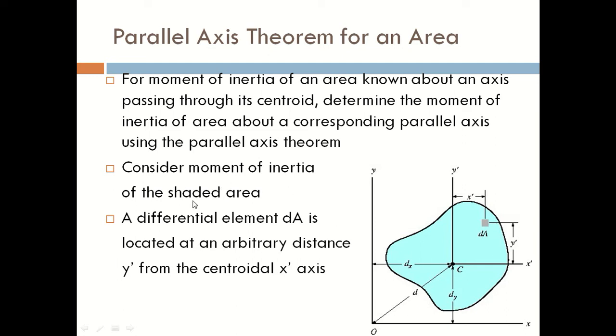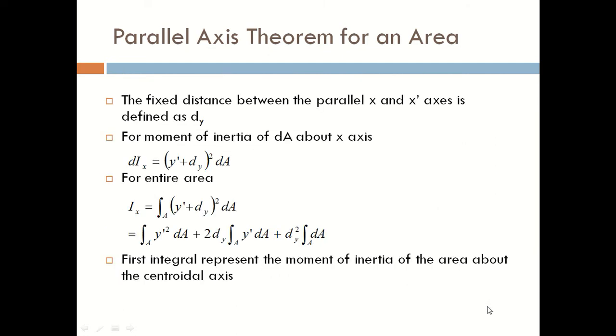Okay. So consider the moment of inertia of the shaded area. A differential element dA is located at an arbitrary distance y dash from the centroidal x dash axis. So x dash and y dash, here we have considered the centroidal axis of this plane area, and dx is the distance from the y-axis and dy is the distance of the centroid of this plane area.